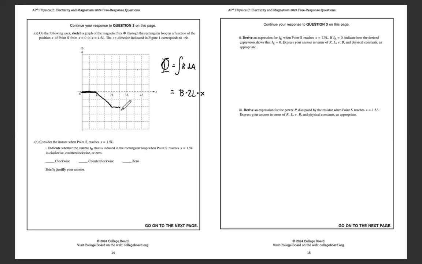That's the end of region 1. And then the magnetic field is going to end up changing. Region 2 has the same magnitude of magnetic field as region 1, but half of it is pointing in the opposite direction. So as you go from 2.5L to 3.5L, you're going to have the field actually changing half as fast. So it's going to go something like that.